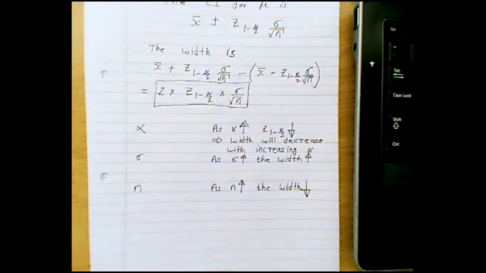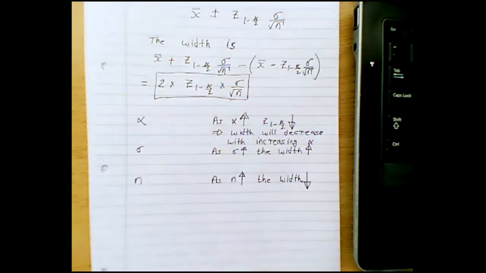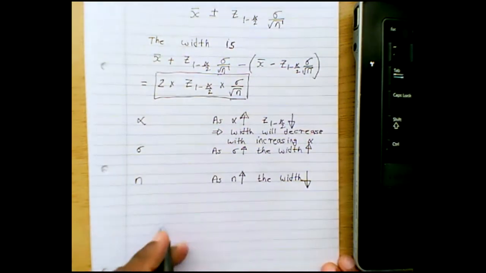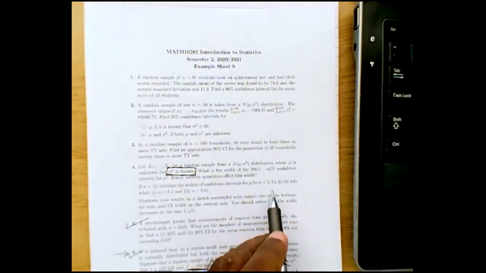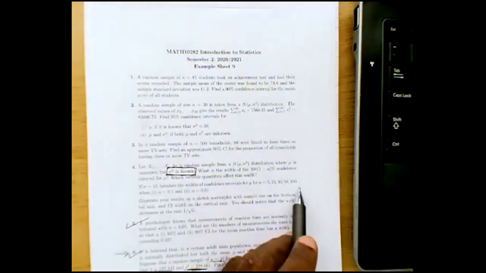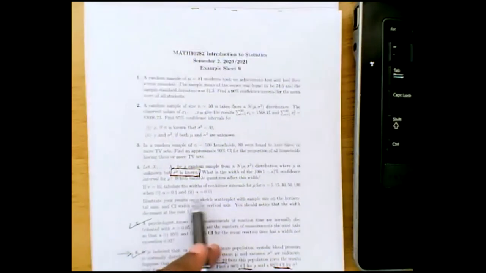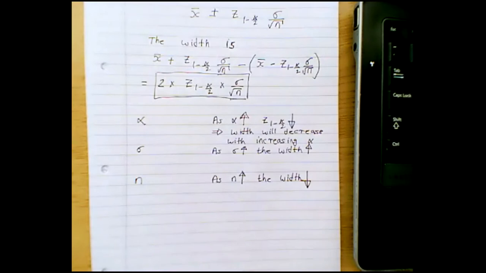Okay. The next thing the question is asking you is to tabulate the values for the width for n equal to 5, 15 up to 100 for different values of alpha. So that's what I'm going to do now.